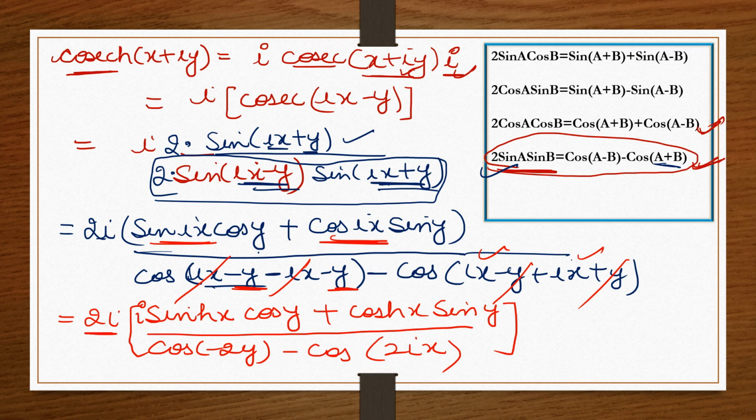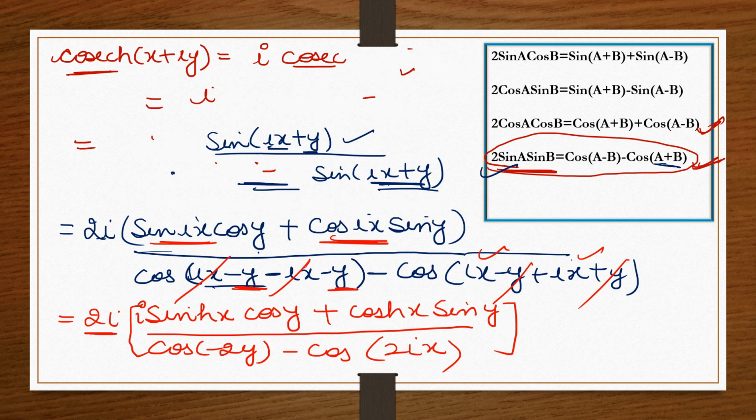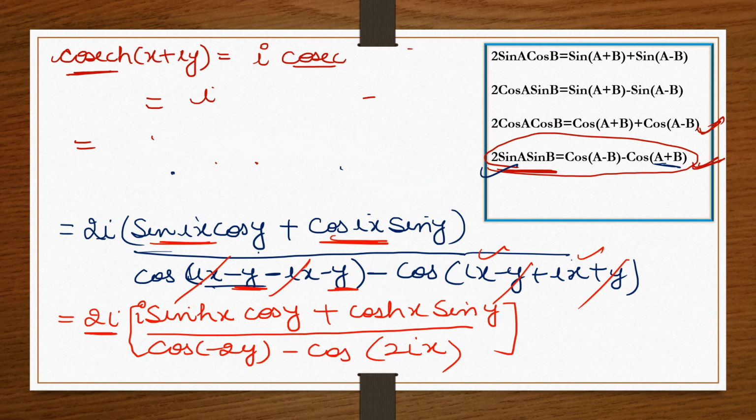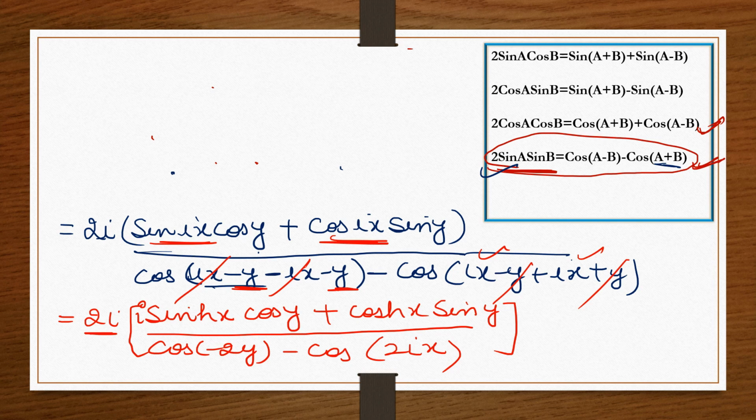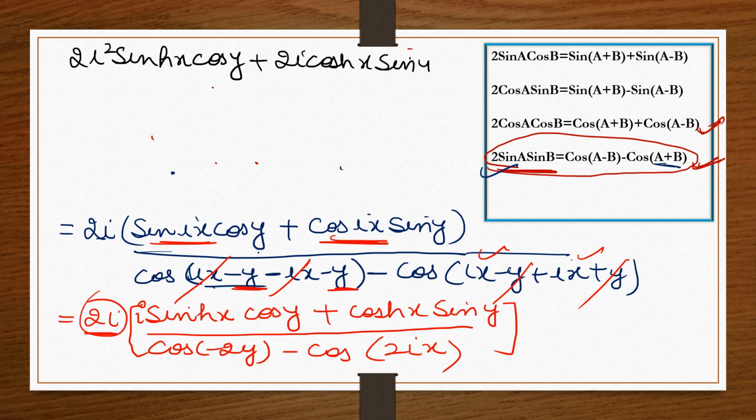Now just multiply this 2 iota inside. So what you will get? So let me erase this first and then we'll do. Okay, so this is equals to, if I take this 2 iota inside, what you will get? So this will be 2 iota square sine hyperbolic x cos y plus 2 iota cos hyperbolic x sine y, right?